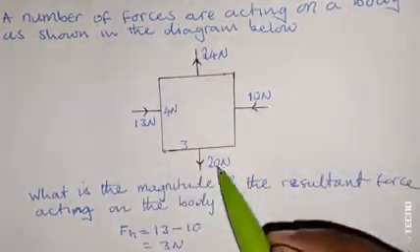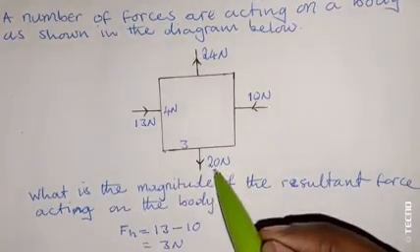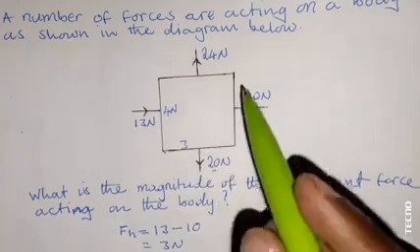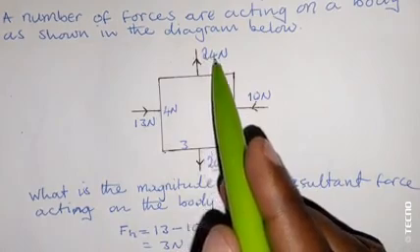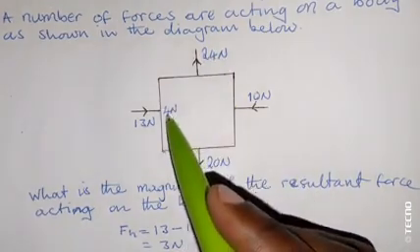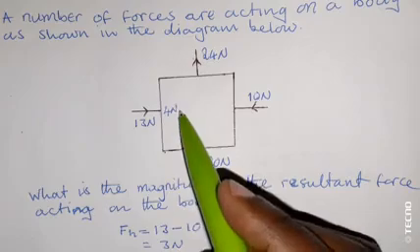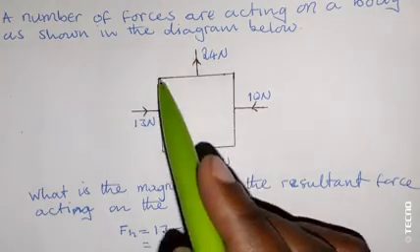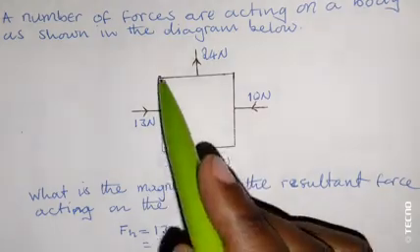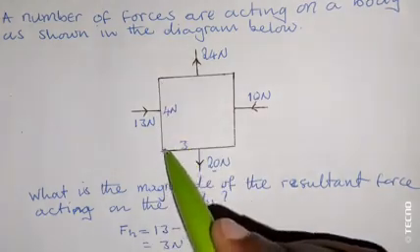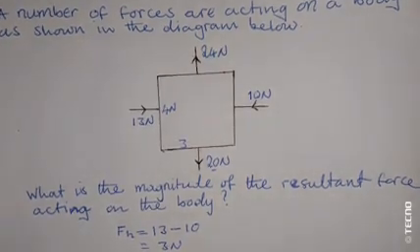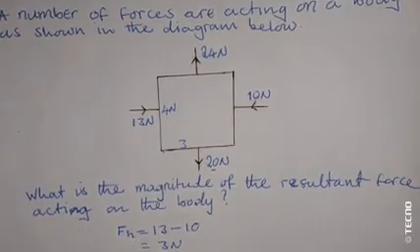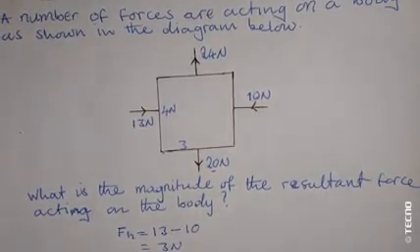So once we subtract the downward force from the upward force, we are going to have 4 Newton. This is the resultant force in the vertical and also the horizontal.